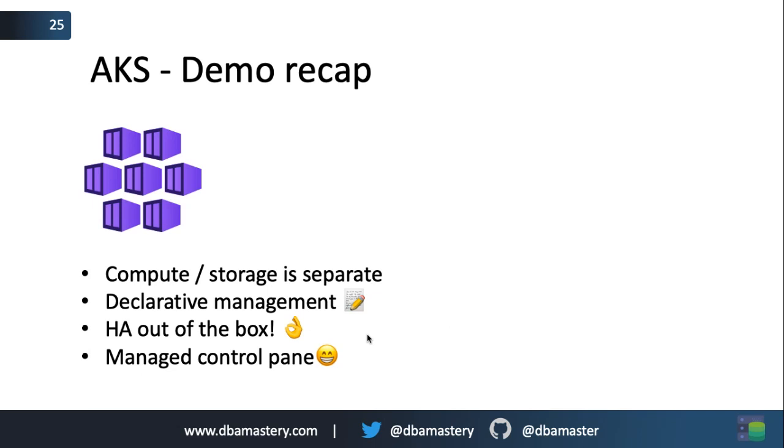Declarative management, of course: we use these YAML files to define what we want, and Kubernetes is going to take care. High availability out of the box, of course, and we have this managed control plane, the dashboard, or we can use the AKS dashboard on the Azure portal.